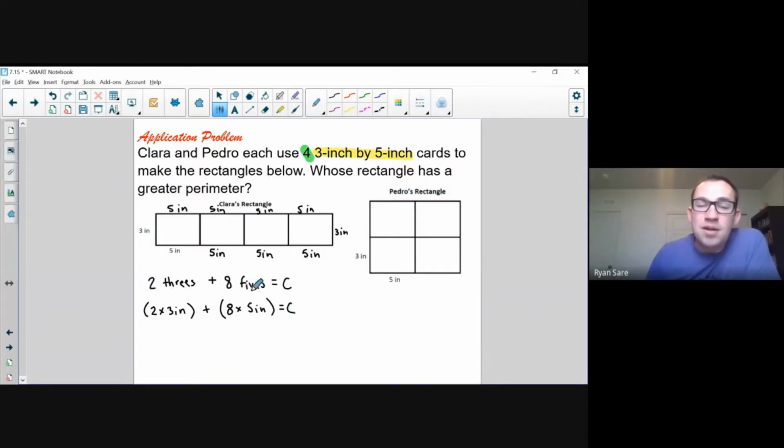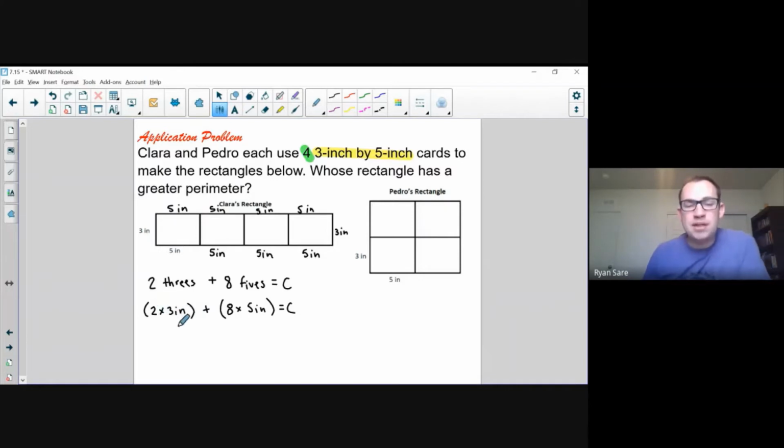These two statements are both the same thing. 8 5's, the way that we find that is doing 8 times 5. 2 3's is 2 times 3. So it's just another way of writing it. I wanted to write it out so that you can see it written, and this is the way that you'll see it more often later on. And so I just want you to be more familiar with it and to really get comfortable seeing those parentheses.